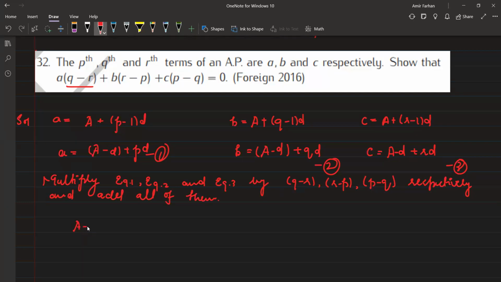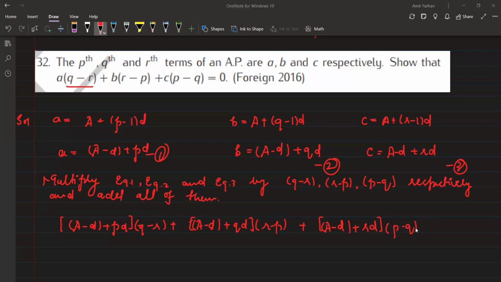So a minus d plus pd will be multiplied with q minus r, plus a minus d plus qd will be multiplied by r minus p, plus a minus d plus rd will be multiplied by p minus q.